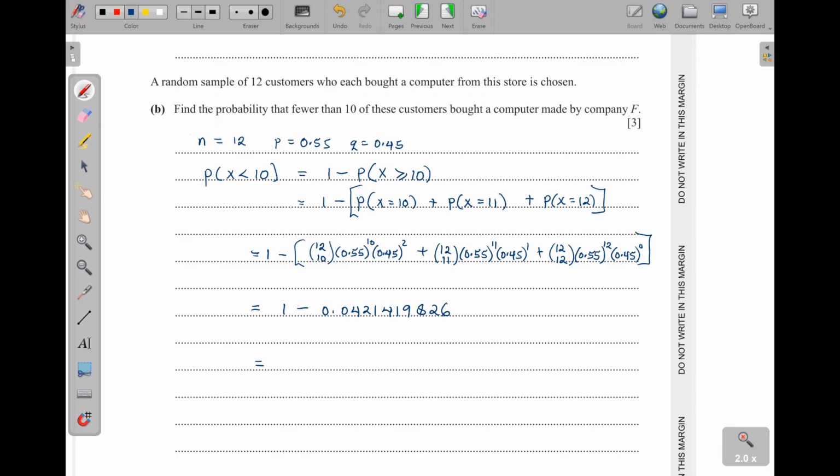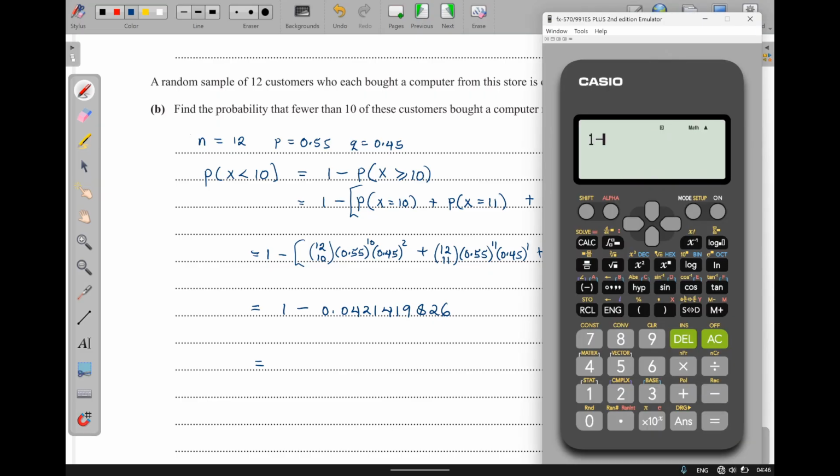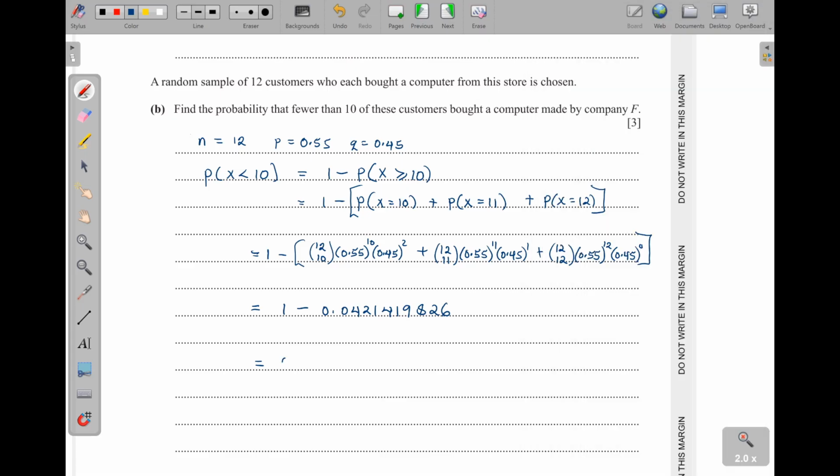Then when we subtract it from 1 minus the answer, we get 0.9578580174, and of course to 3 significant figures, this one will be 0.958, and that becomes our answer.